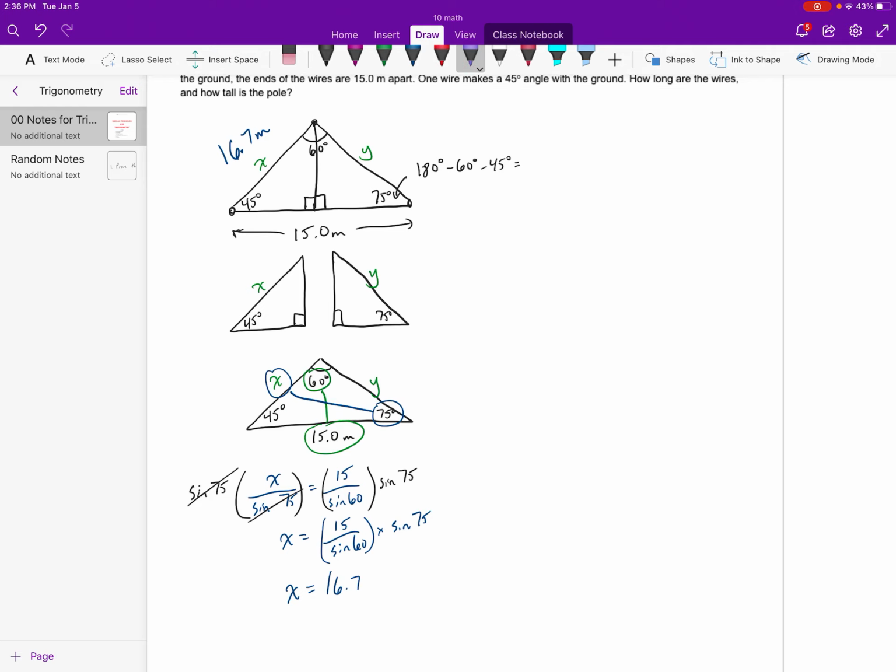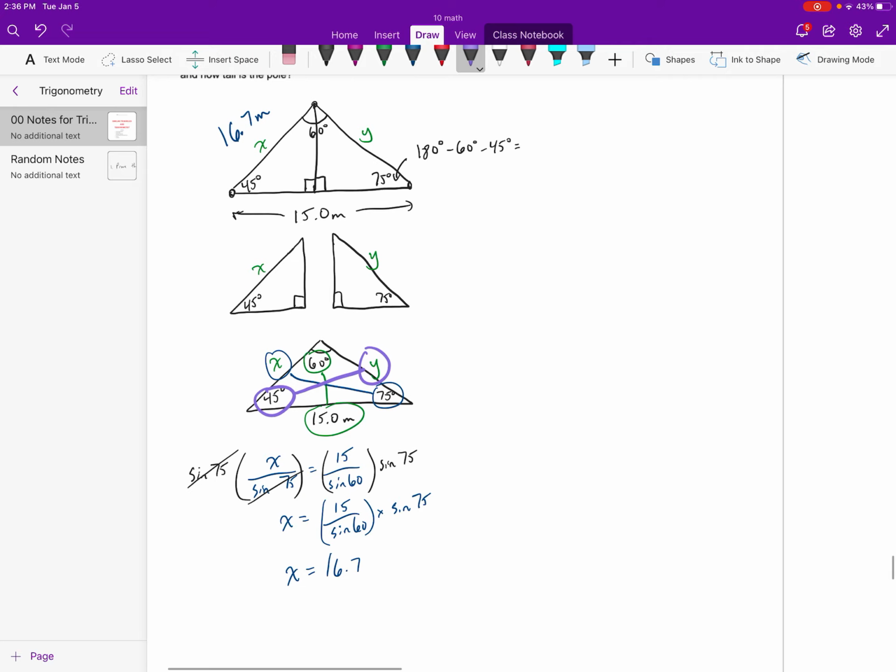Similarly, we can solve for y. So let's use this right there. So y, start with your unknown, y over sine 45, is equal to, and we'll set it to the other known side, or corresponding angle inside. So that's 15 over sine 60. Again, to get y by itself, we multiply by sine 45.